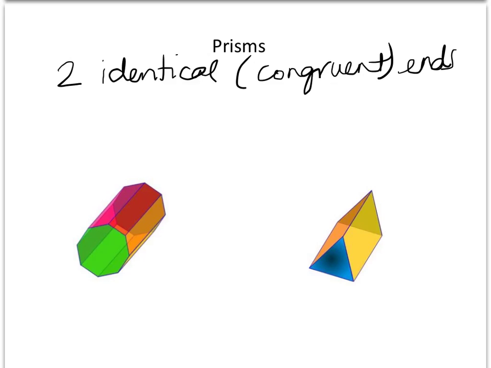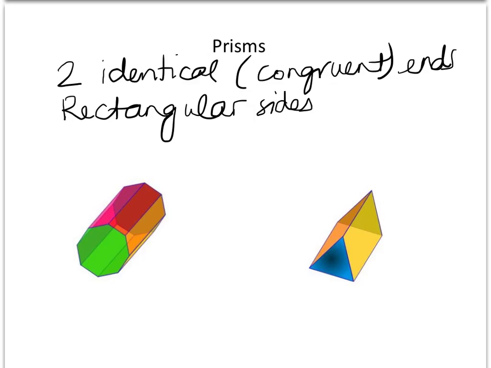So you can see in this first one the 2 congruent ends are octagons. And then the other sides are rectangles. These are named in terms of their congruent ends. So in this case, we have an octagonal prism.